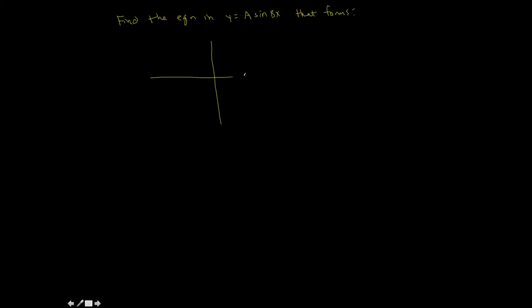So I'm going to draw this graph for you. This would be 6, negative 6, negative 2 pi, negative pi, pi, 2 pi, 3 pi, 4 pi. Okay? And here's what our graph looks like.